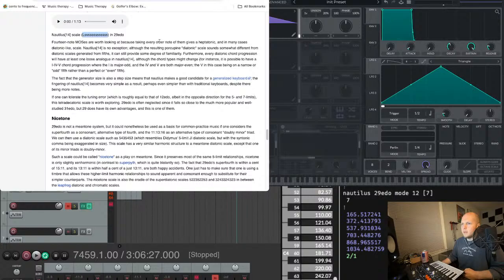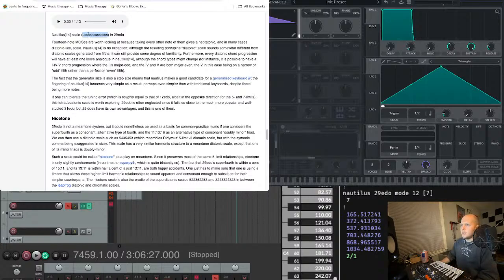So the normal major scale is whole step, half step, whole step, whole step, half step. So on a normal 12-tone piano, that's the major scale. That's 5 long steps, those 5 whole steps and 2 small steps.